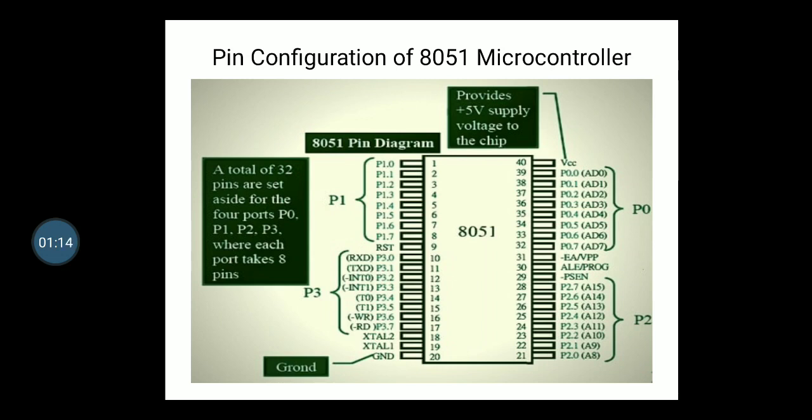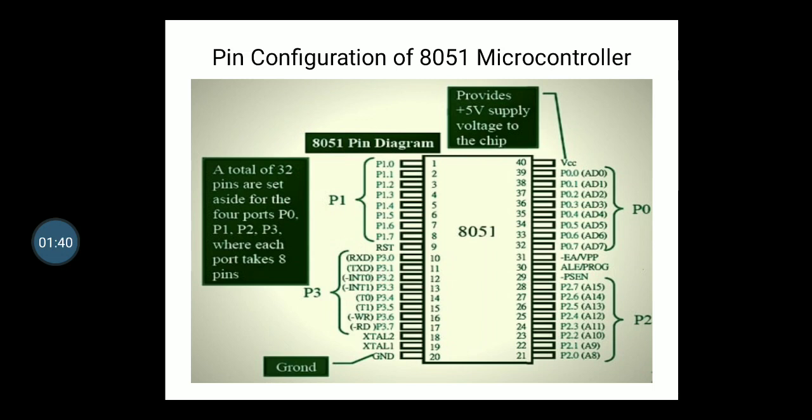Similarly, 9 is RST. From pin number 10 to pin number 17 again we have 8 pins for port 3, you can see there, and it has an alternative function also. The pins of port 3 are used for 2 functions. One is for the port and second is for the alternative function.